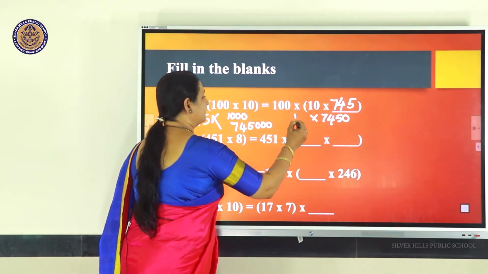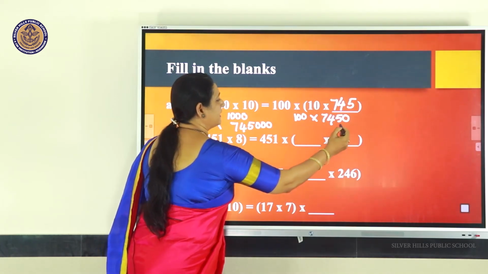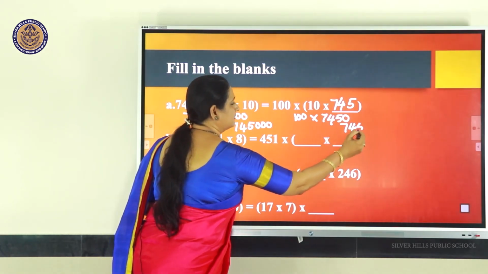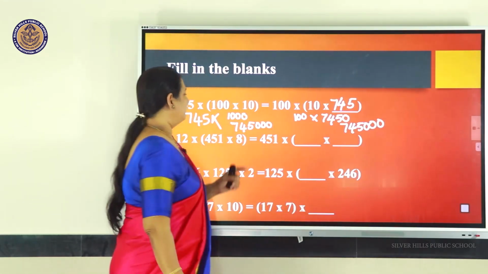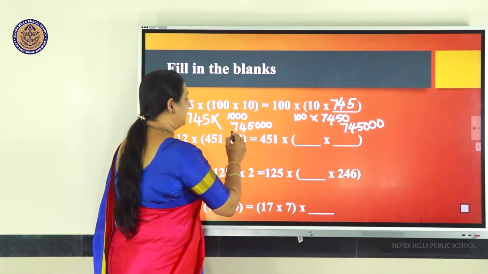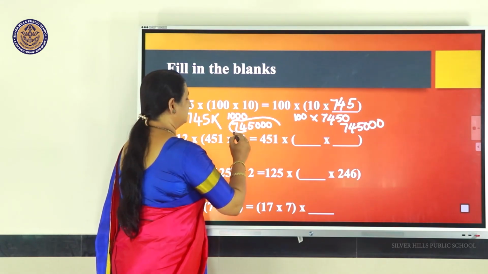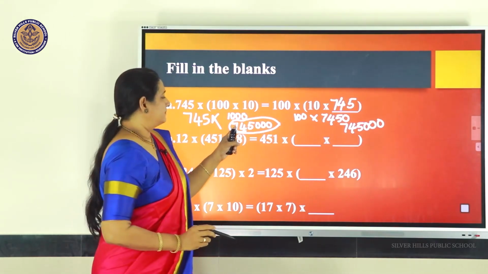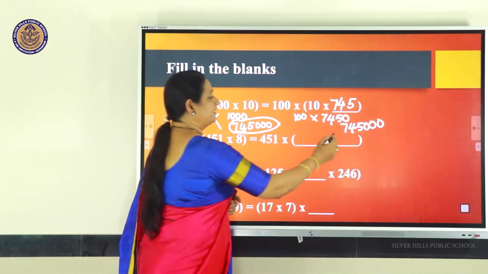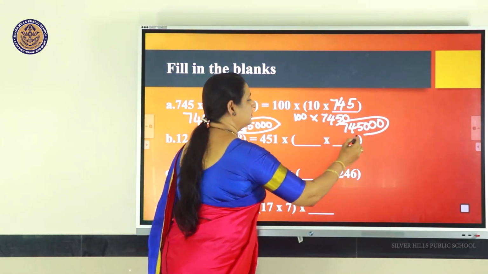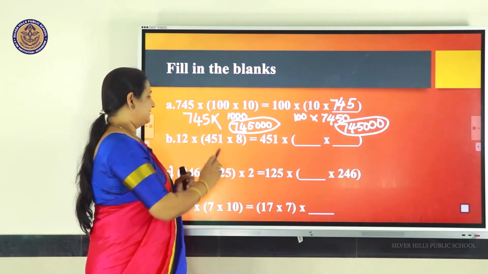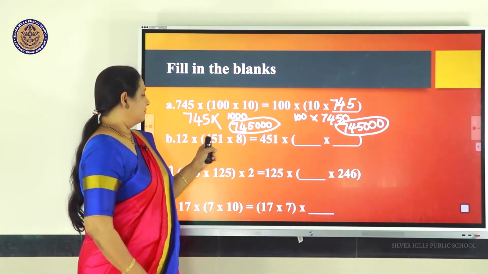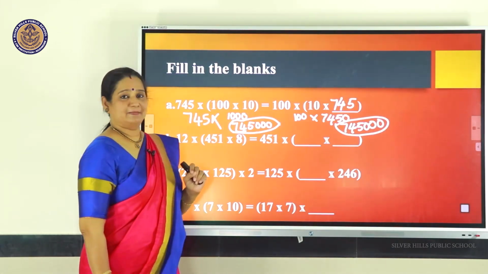Into 100, write the number followed by 2 zeros. See, in both the cases you will get the same answer. Here 7,45,000. Here also 7,45,000.